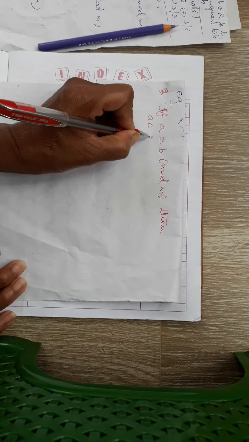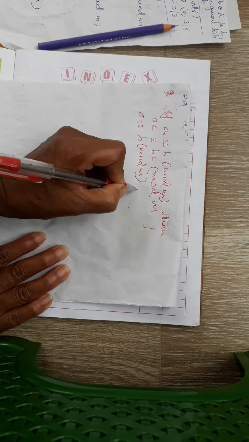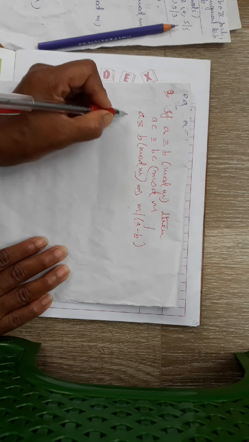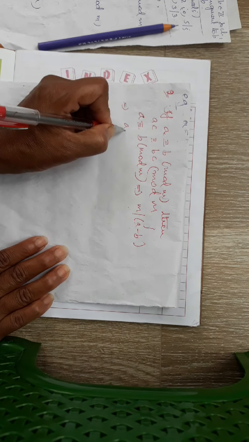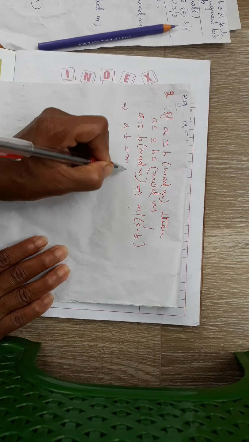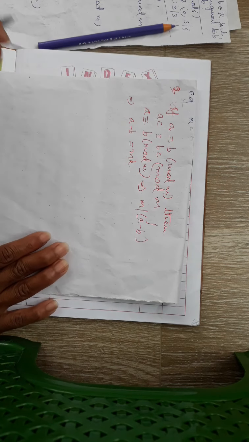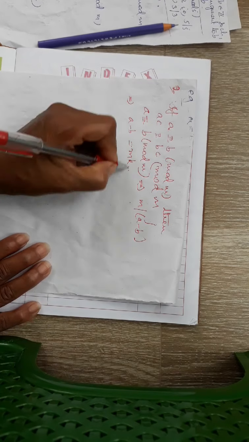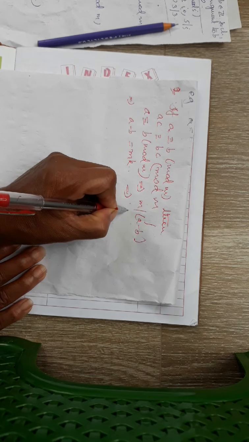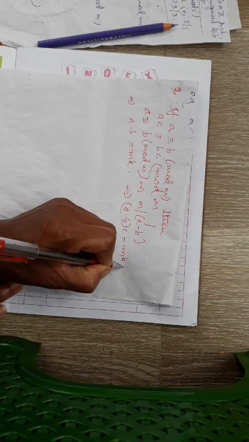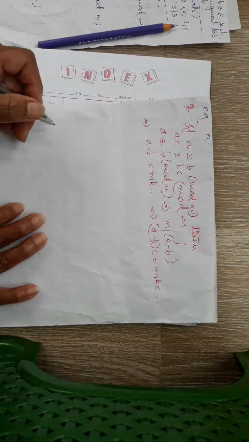How? A is congruent to B mod M implies that M divides A minus B. So A minus B is equal to M into K for some K. Now multiply both sides by C. So (A minus B) into C is equal to MK into C, where C is an integer.